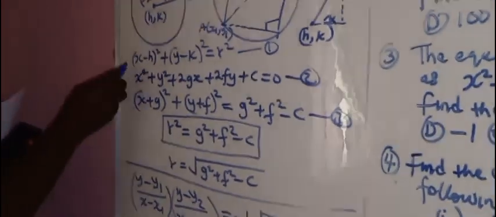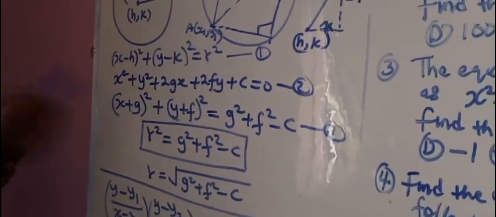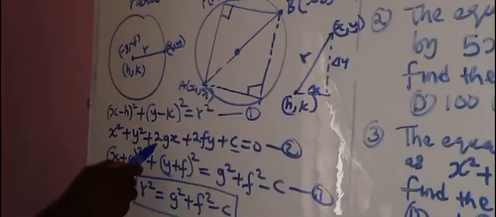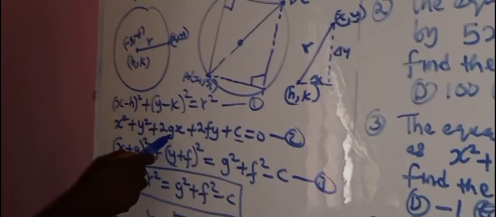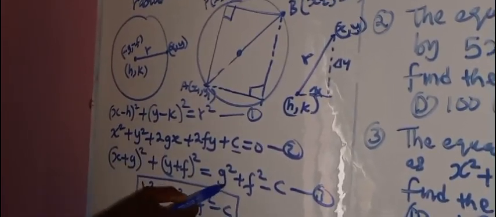Okay, now if you expand this, or if you use the other one, x squared plus y squared plus 2gx plus 2fy, okay, you have this with a constant, one that does not have x and y. If you further simplify this properly, the constant, if you establish this in completing the square method, half of this is g, then g squared, take to the other side.